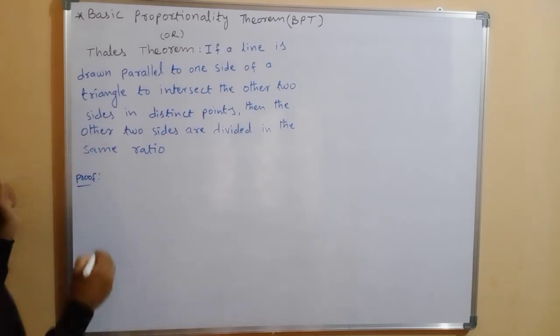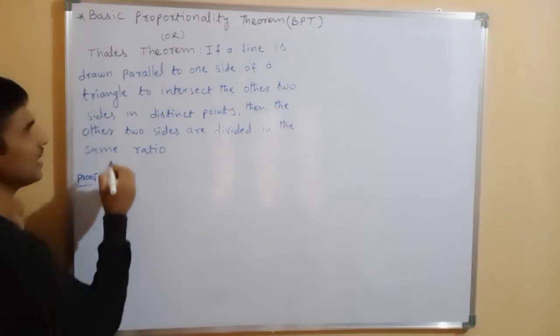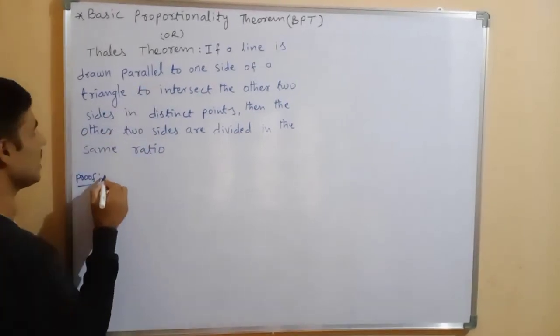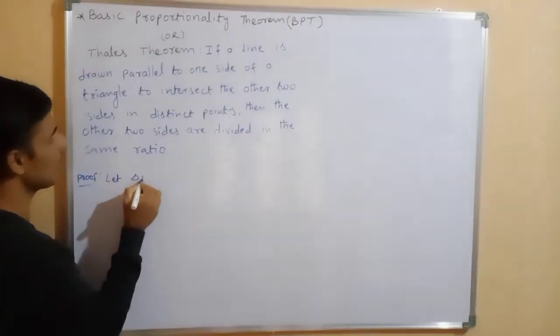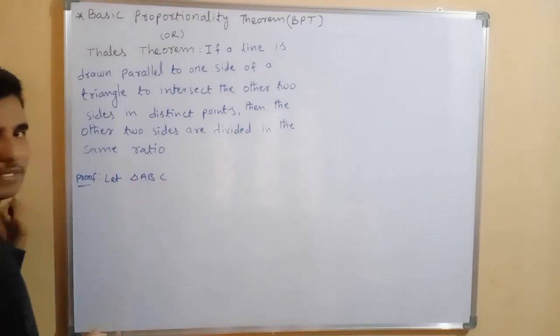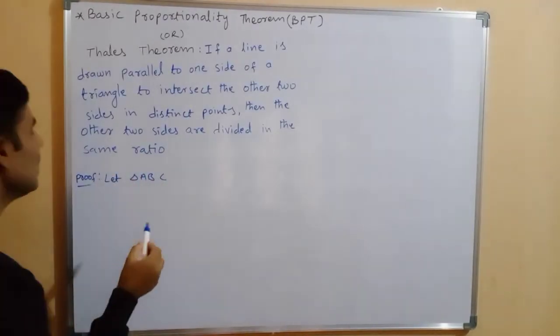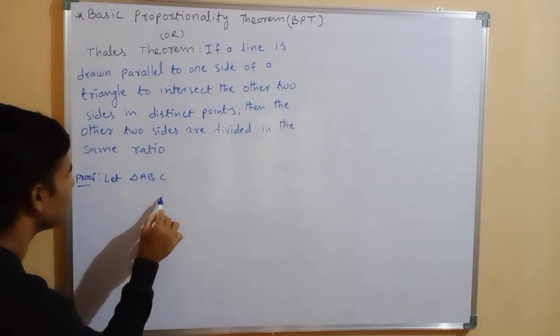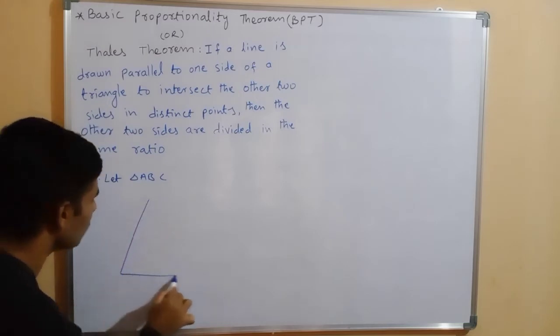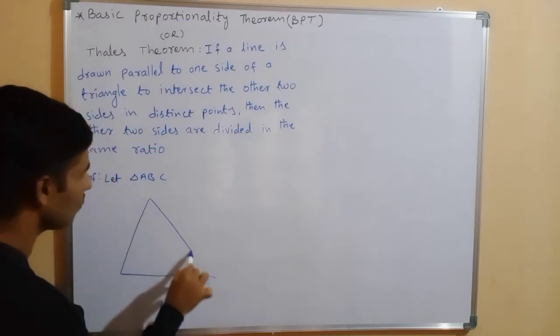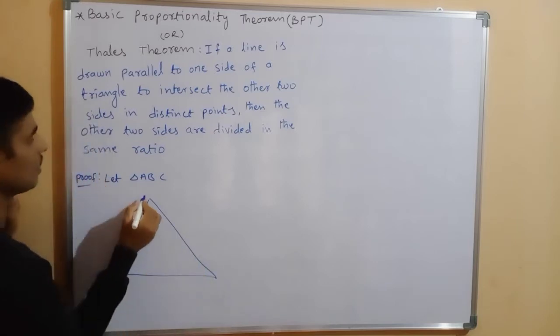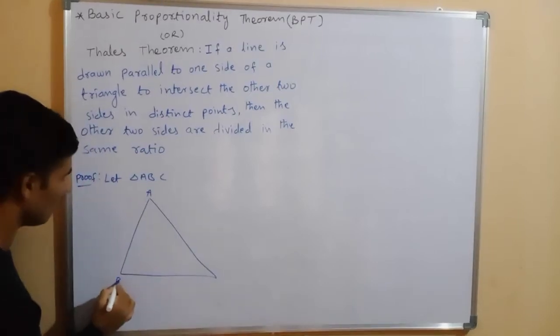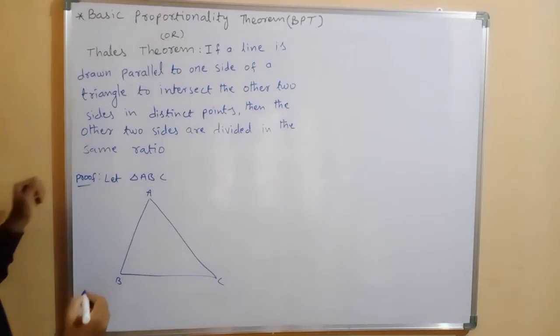Given triangle ABC. We can take any triangle, so I am taking triangle ABC here, with vertices A, B, C. What is given?